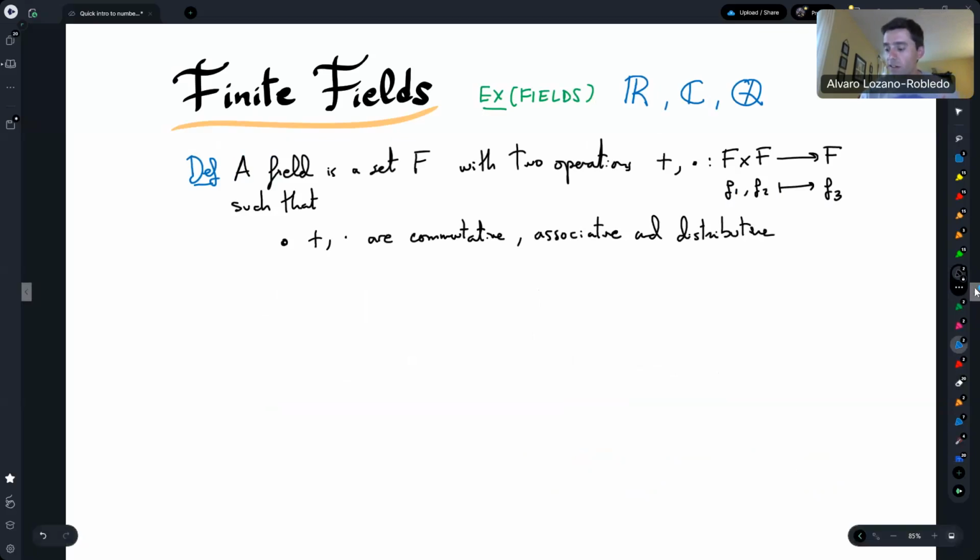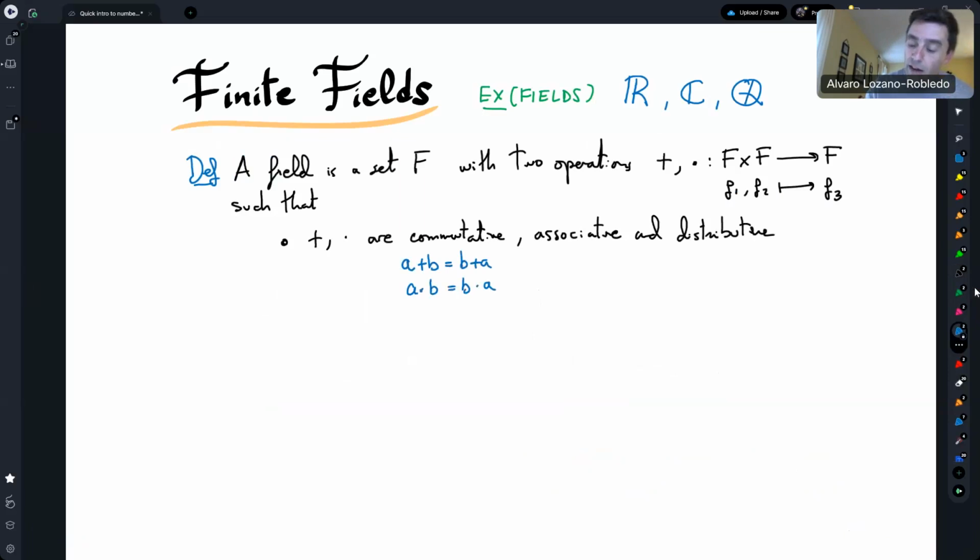What this means is that, for example, A plus B always has to be B plus A, and A times B has to be B times A. Associative means that A plus B plus C is the same as A plus B, and then add C. And distributive means that A times B plus C is the same as A times B plus A times C.